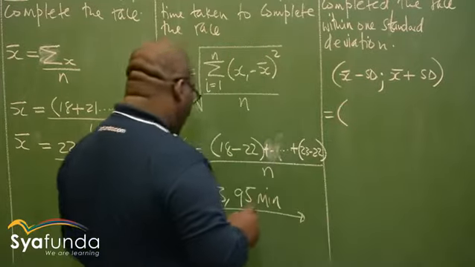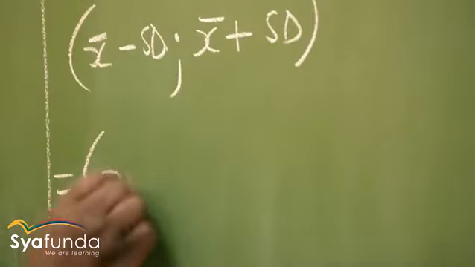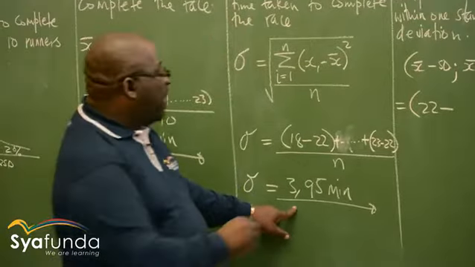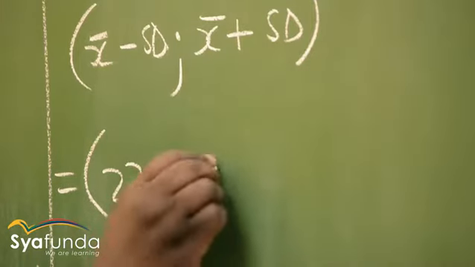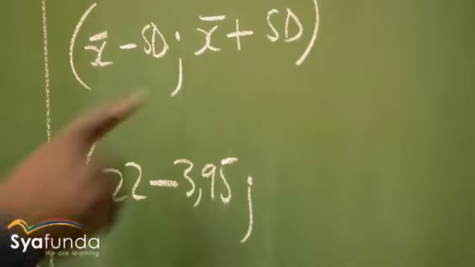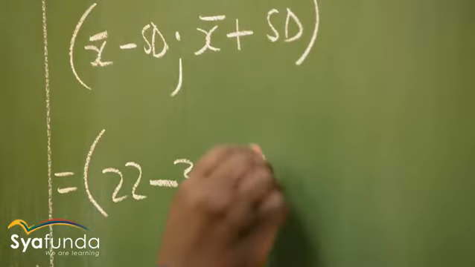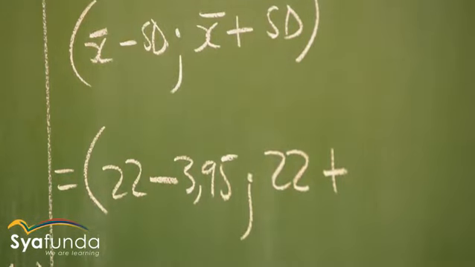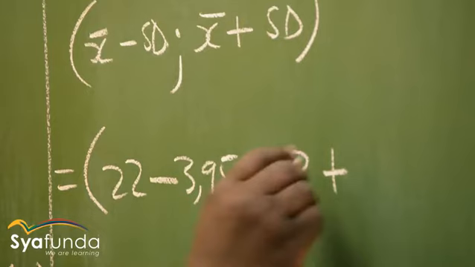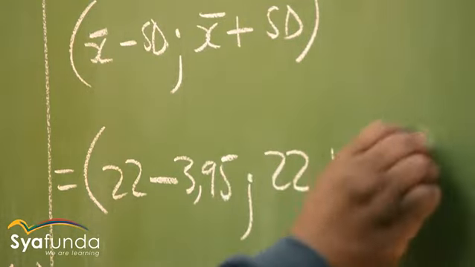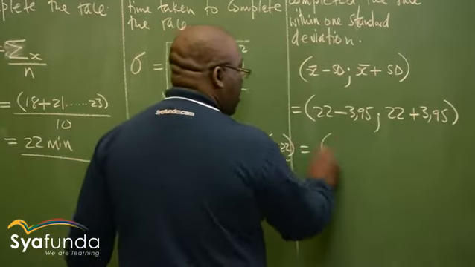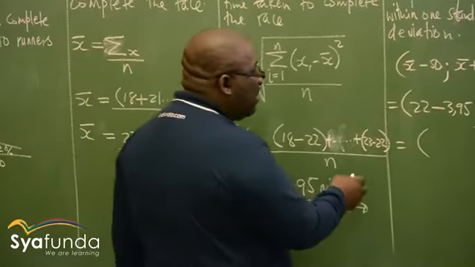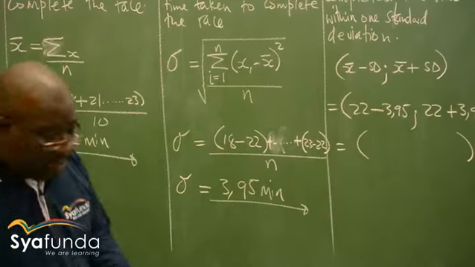What is my x bar in this particular case? It is 22 minutes. 22 minus the standard deviation, which is 3,95. Then x bar, which is 22, plus the standard deviation, which is 3,95. Right, let's work this out.